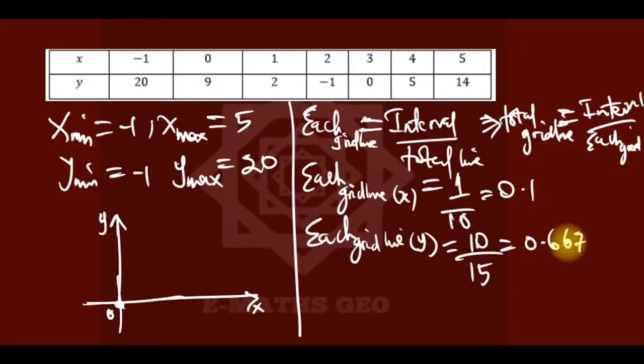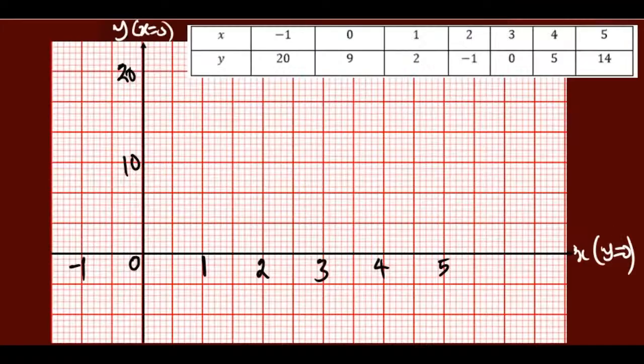If it's y, we divide by 0.667. So it will help us to locate the values fast. So let's do it fast now. Okay, so we'll start. When x is minus 1, y is 20, so this one is visible, so it's easy to locate.